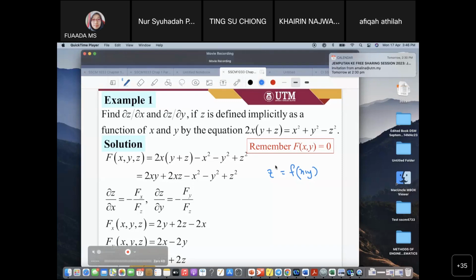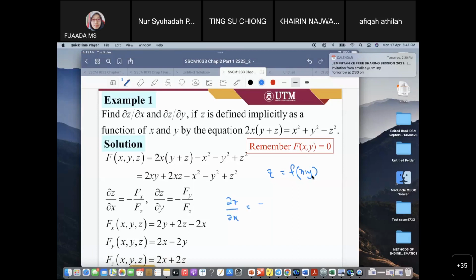Okay. So they ask you to get the del z del x and del z del y. You have to find the partial derivative for each of the variable. Each of the variable meaning that bezakan terhadap x dan bezakan terhadap y. Okay. So what is the formula? Del z del x. So negative.